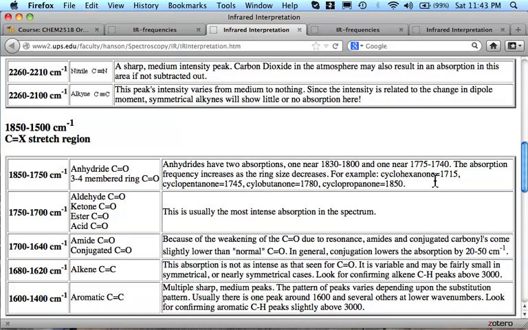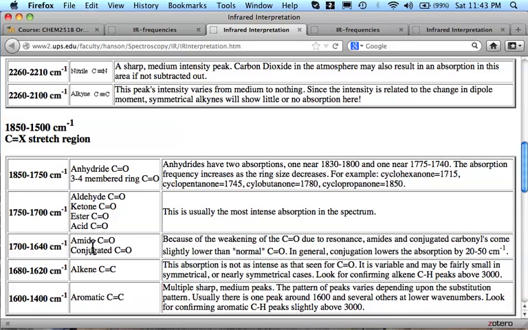I've got listed here a 6-membered ring, cyclohexanone, at 1715, which is sort of our normal number. Then as the ring size contracts to cyclopentanone, a 5-membered ring, and cyclobutanone, a 4-membered ring, the wave number goes up. So those are some things that come slightly above 1750.